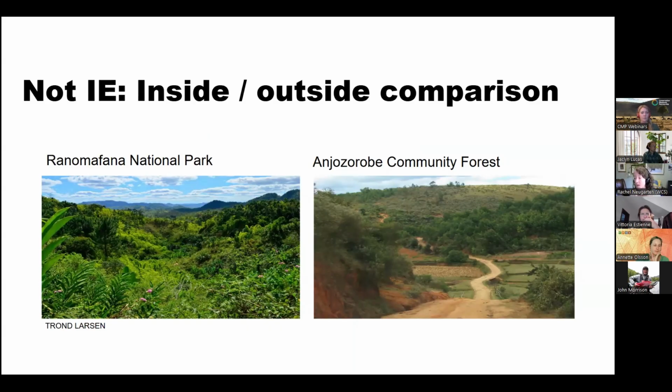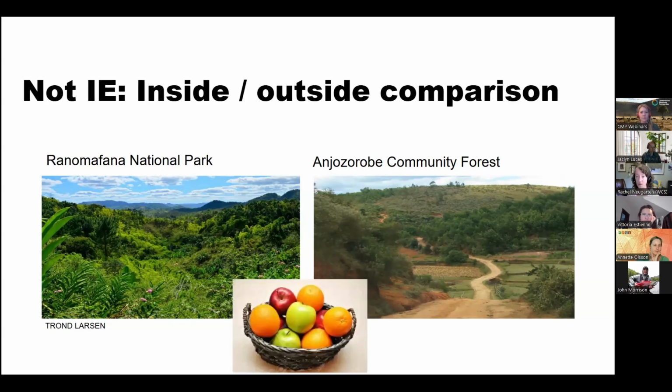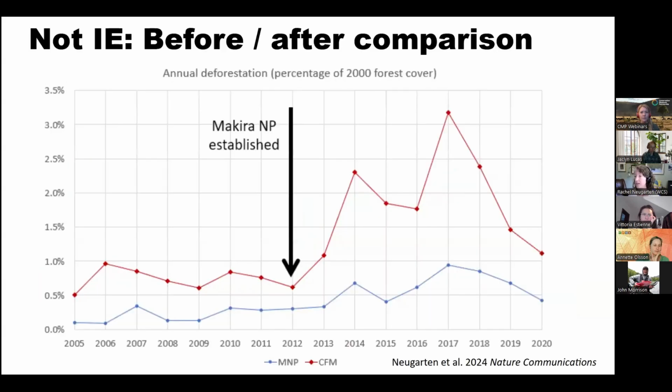The community forests are in landscapes more like the one on the right, and Bay community forest, where there's a road, there's agriculture, there's people living there. And so they're fighting pressures significantly higher than those facing the national park, right? So even in the absence of conservation, the outcomes in these two kinds of places would have been quite different, right? So again, this is an apples and oranges comparison.